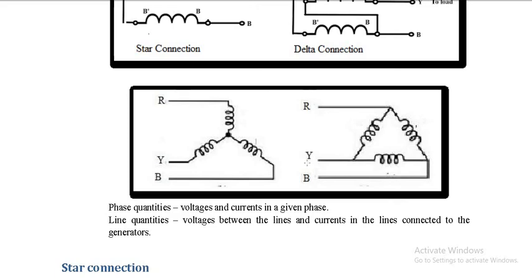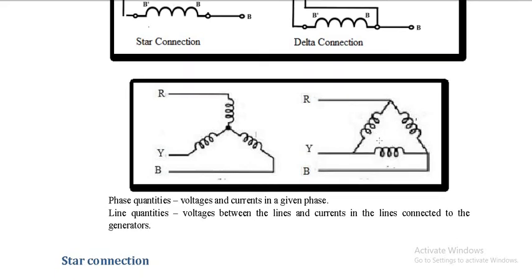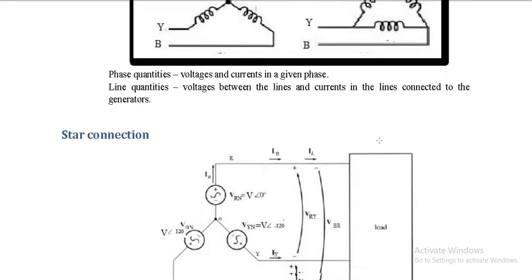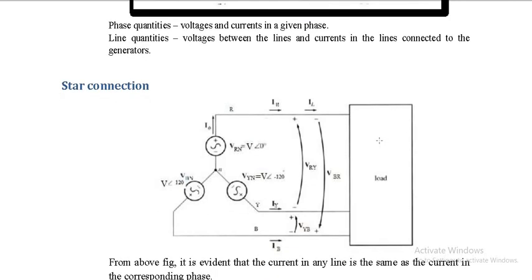When I talk about line terminals, may it be voltage or current, it will be line voltage or line current. When I talk about the currents into these phases or voltages across these phases, I call it phase voltages or phase currents. Now let us talk about the star connection first.